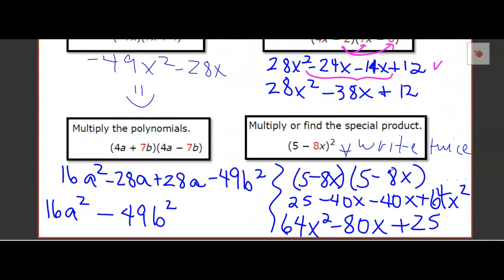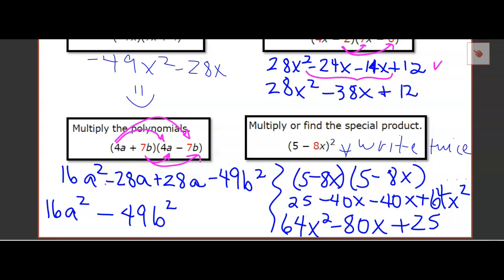Let's look at this next one. Using the FOIL method, multiplying the 4a times the 4a, the 4a times the negative 7b, 7b times the 4a, and the 7b times the negative 7b. We should get 4 terms, 16a squared minus 28ab plus 28ab minus 49b squared.